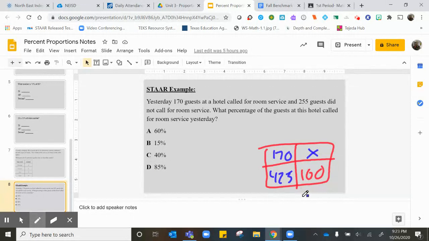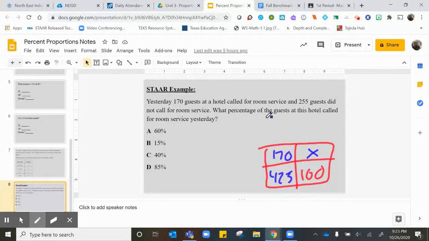So you may be wondering, looking at my box, where in the world did you get that 425 from? Well, the 170 is a part of the guests, and so is the 255. That's also a part because 170 called and 255 did not call.